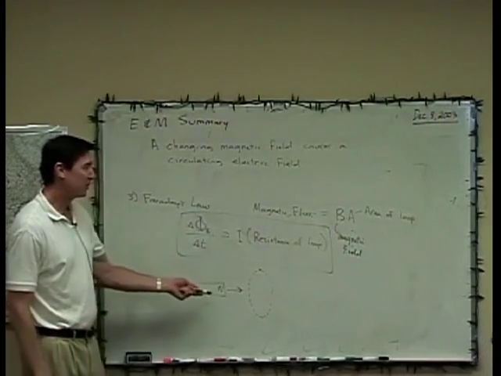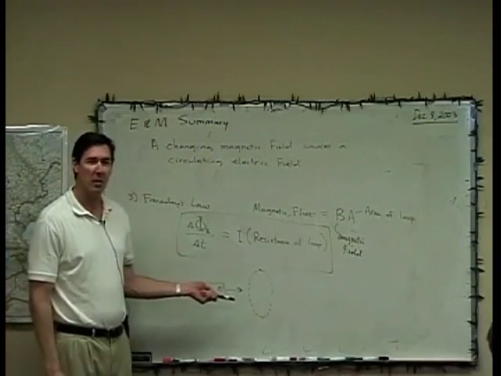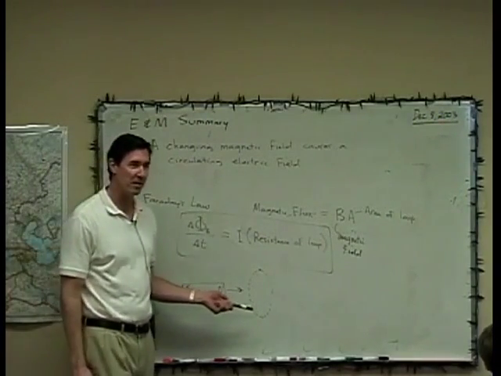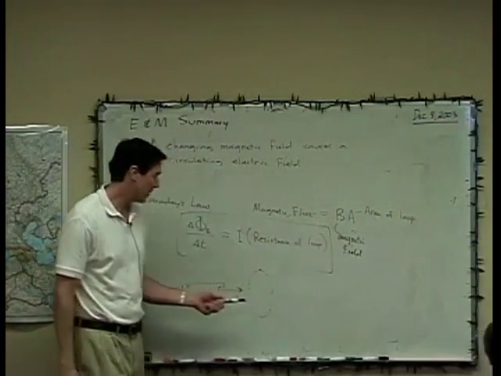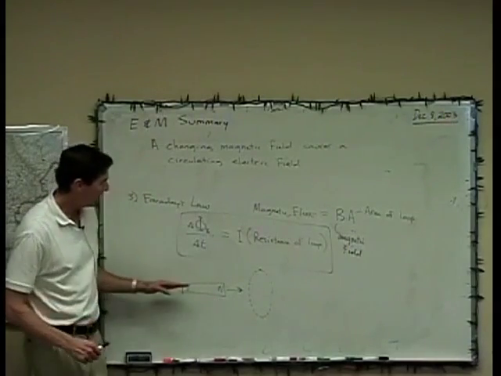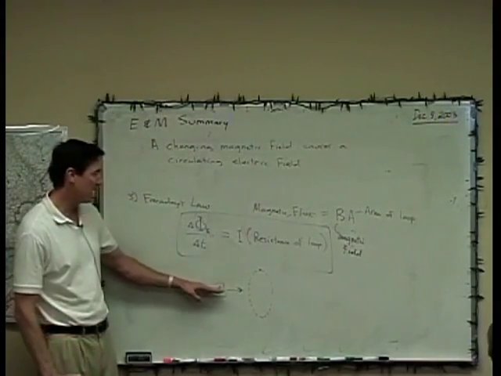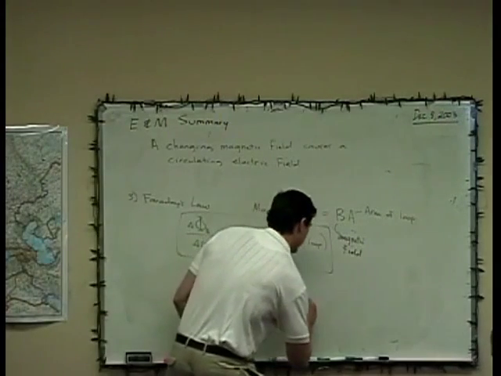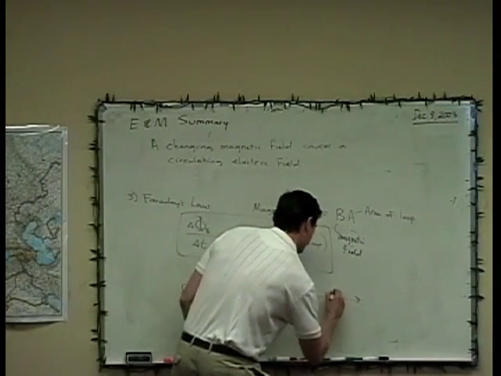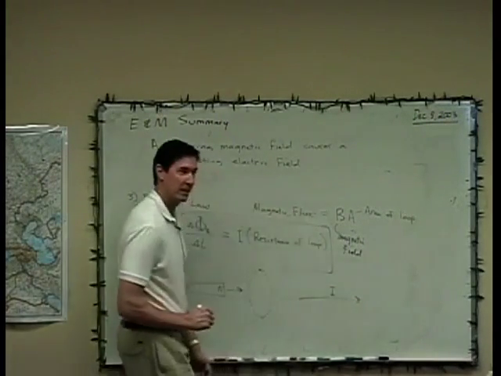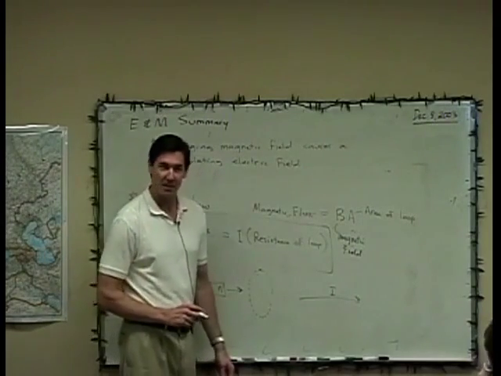Now, this should remind you a little bit of what Oersted and Ampere discovered. Remember, if you have a current, instead of a moving magnet here, an electric current, what happened?